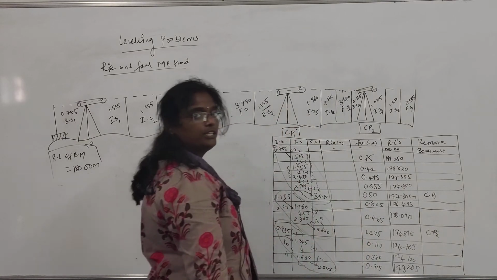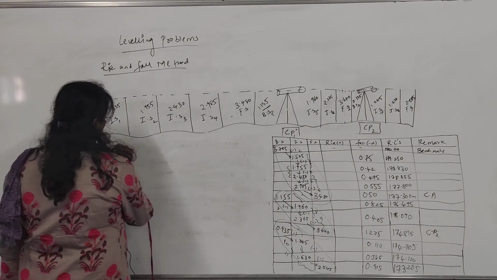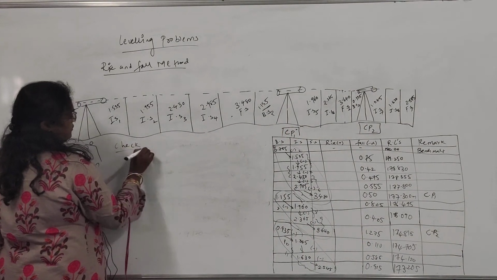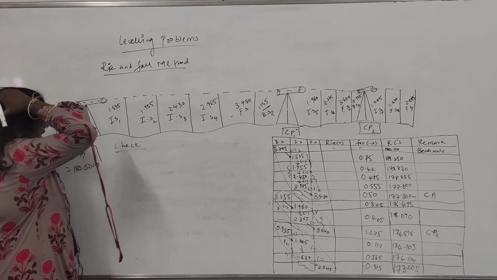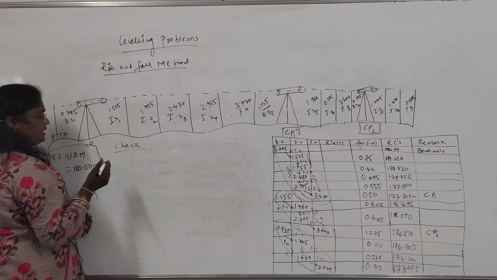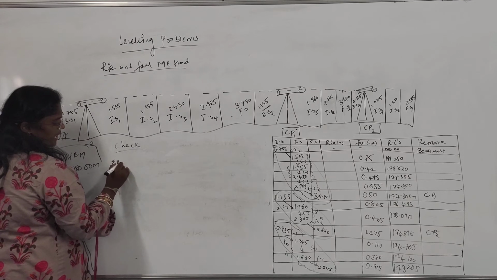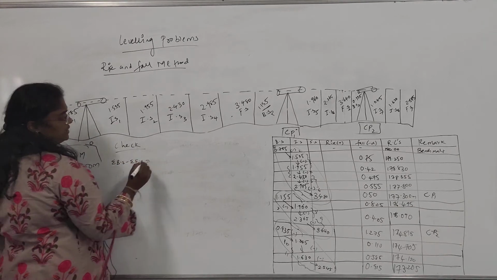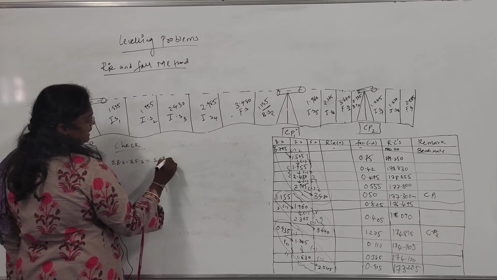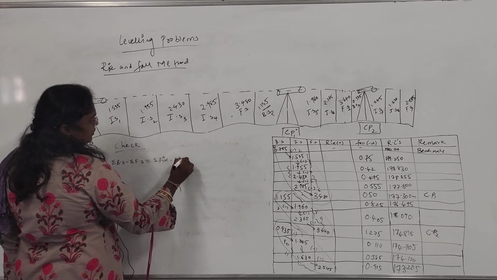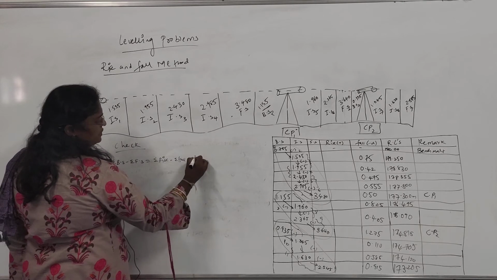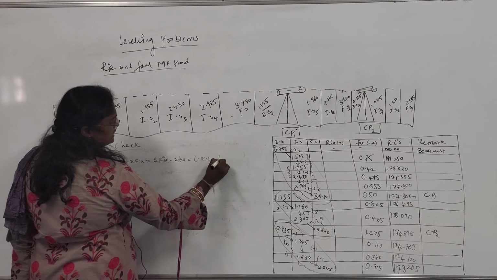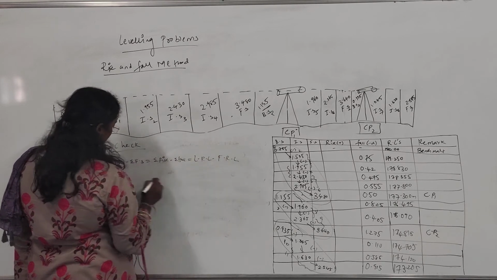For the rise and fall method there will be a little change, that is summation of backsight minus summation of foresight equal to summation of rise minus summation of fall equal to last RL minus first RL, right?